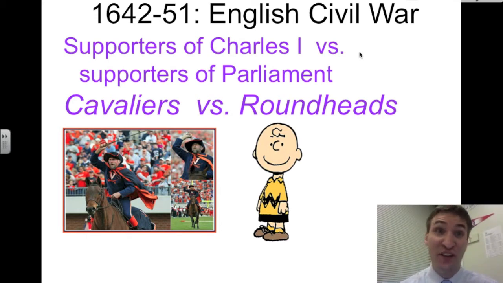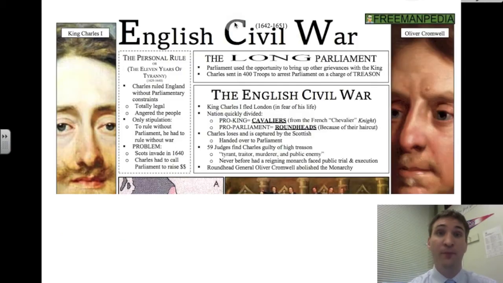And on the other side of the fight, we have the supporters of Parliament. They're called the Roundheads because a lot of the Parliament members had round haircuts, round like Charlie Brown's head.